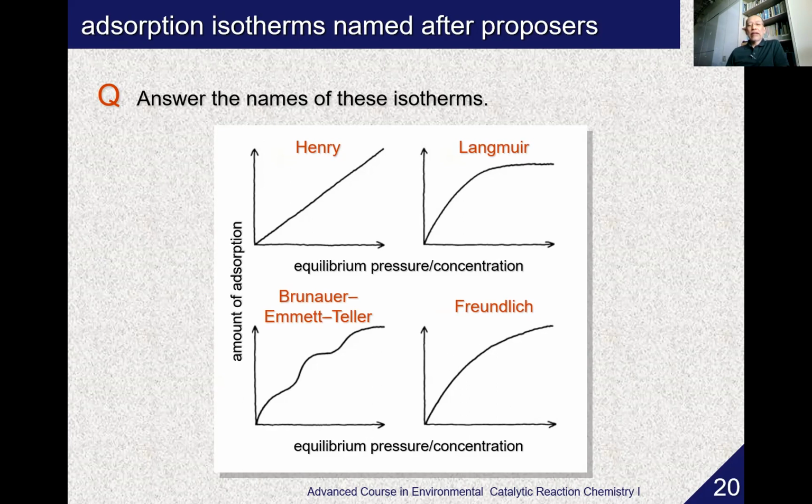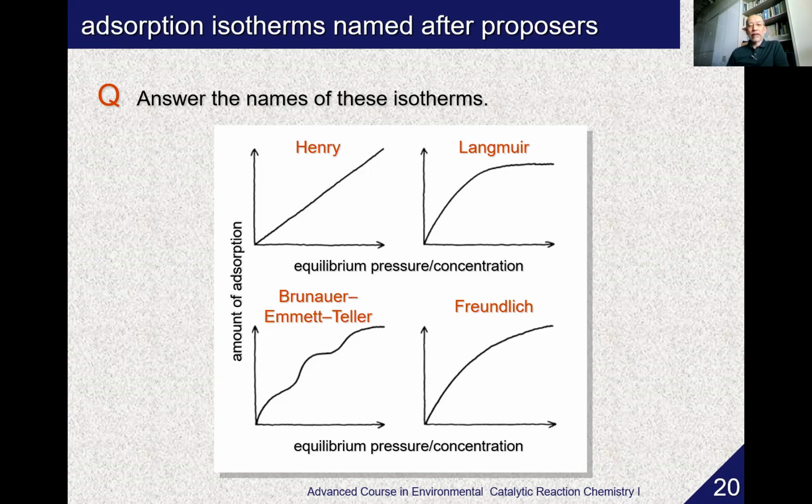And this type to be saturated, 飽和する形のもの。This is called Langmuir. And this stepwise one is Brunauer-Emmett-Teller. In general, this is called BET. These are three names, B, E, T, Brunauer, Emmett, Teller.